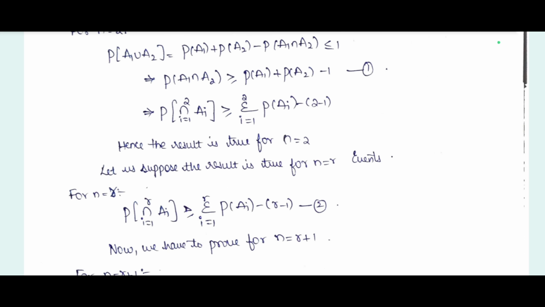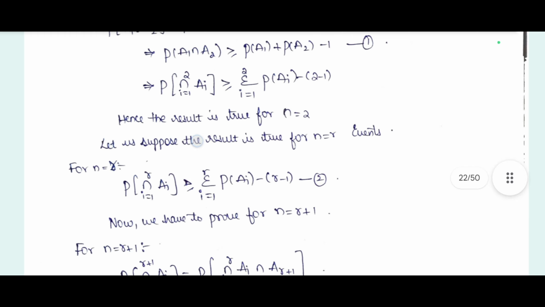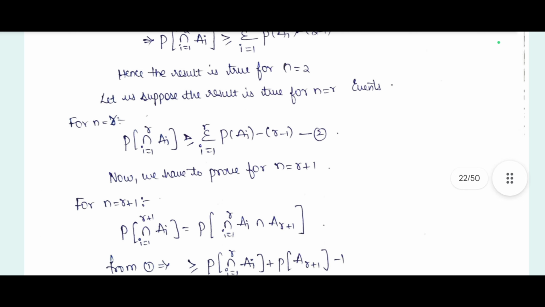Let us suppose the given result is also true for n equals r events. Then for n equals r we have the theorem, that is P of the intersection of Ai, i equals 1 to r, is greater than or equal to the summation i equals 1 to r of P of Ai minus r minus 1, put as equation number 2. Now we have to show that this is also true for n equals r plus 1. So we can split this complete statement into two terms, that is the intersection i equals 1 to r with the intersection of A r plus 1.